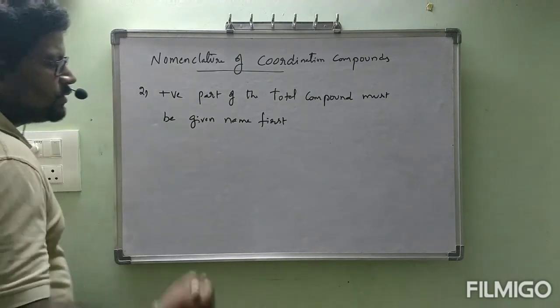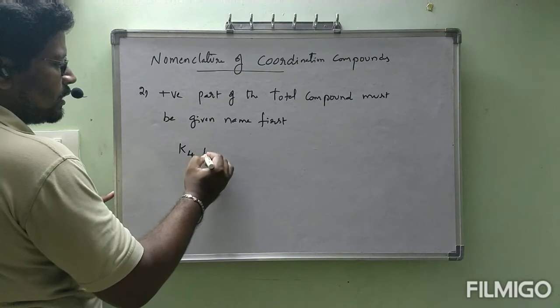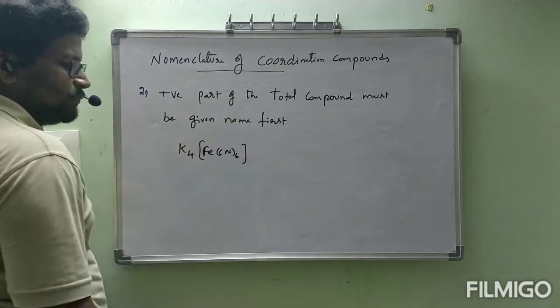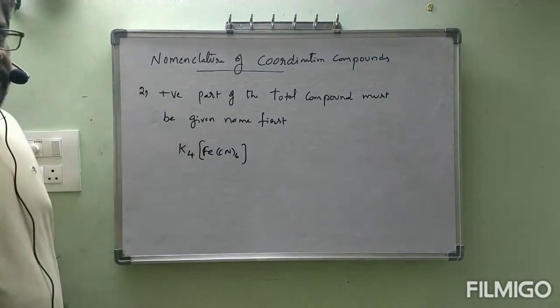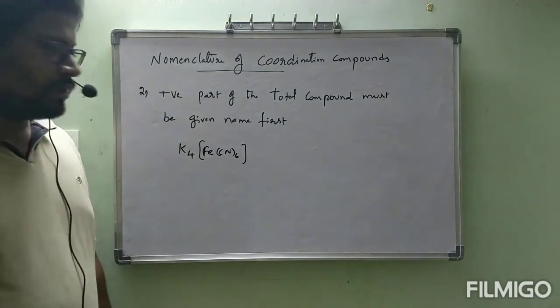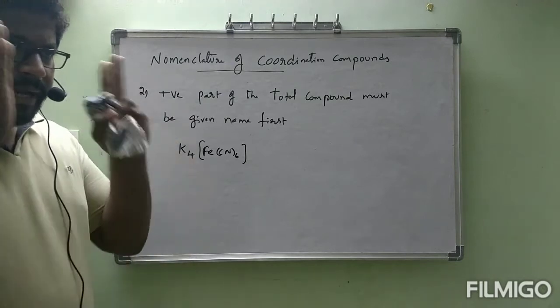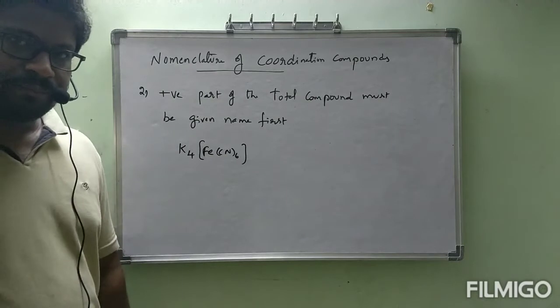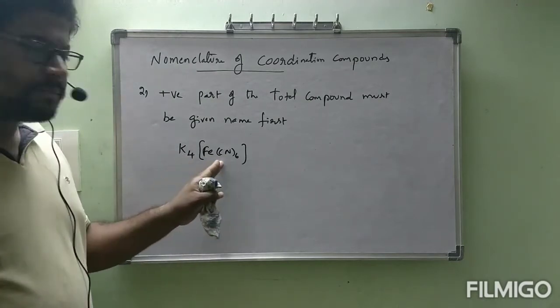Okay, let us take an example. K4[Fe(CN)6]. While you are writing this compound, your mind must be tuned in a way that this compound can be made into two parts only. This is first part, this is second part.